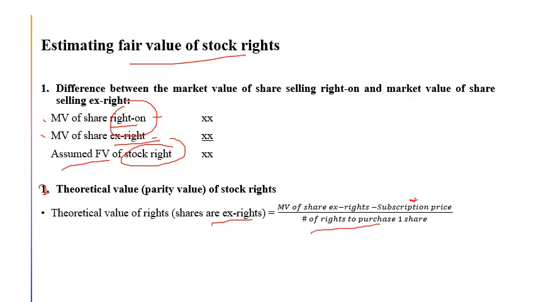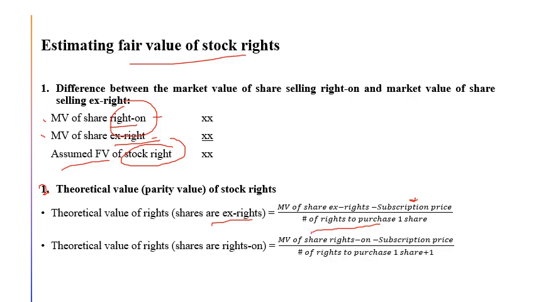And then, number of rights needed to purchase one share. Yun yung denominator. Pag rights on naman siya, same lang siya, market value of shares, pero rights on, minus subscription price, pero yung denominator yung magkaiba. The number of shares plus 1.